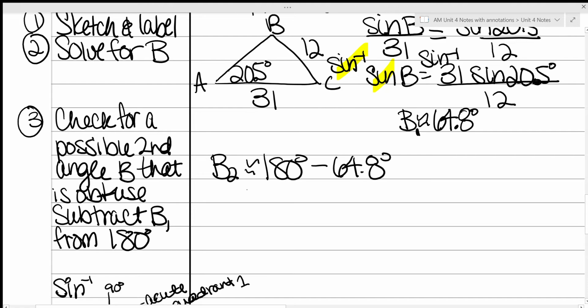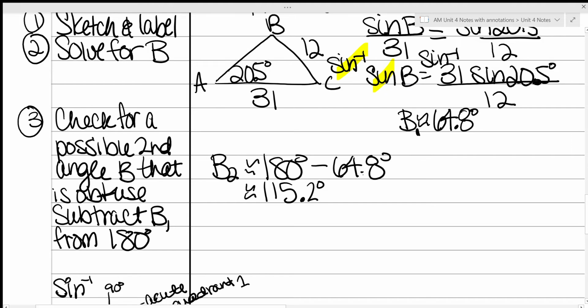Okay, so the first thing I'm going to do is ask, does that angle fit into a triangle? It makes sense, because you can have a big obtuse angle as long as it's smaller than 180 and not negative. So it looks like it could work.